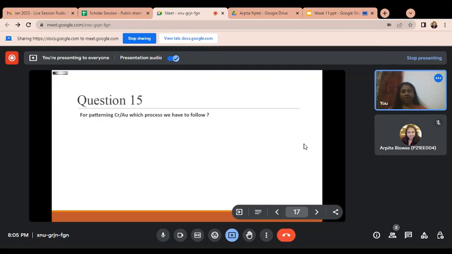That's why we previously deposit 20 to 30 nanometers of chromium, and above the chromium we deposit the gold to increase the adhesion, with a thickness of about 200 nanometers. So for patterning this chromium and gold, which process do we have to follow?